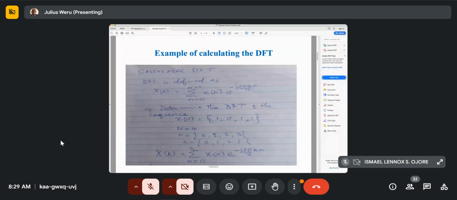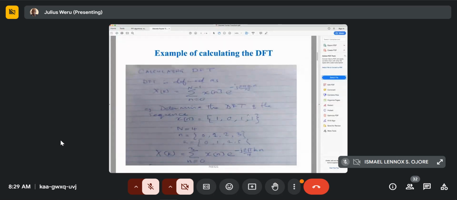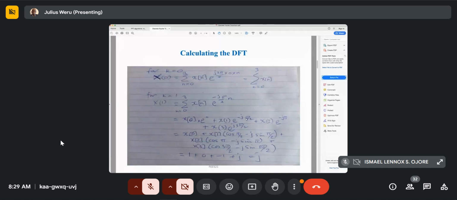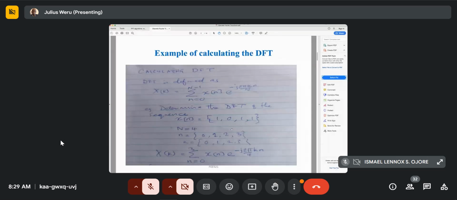Even my mouse is moving opposite. I'm looking for WN. Yeah, it should be at the beginning. There.